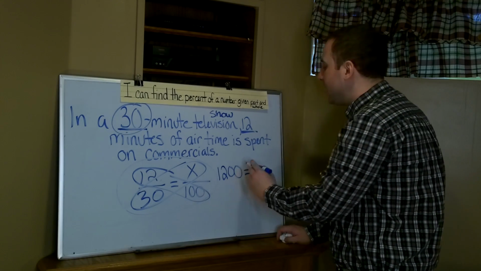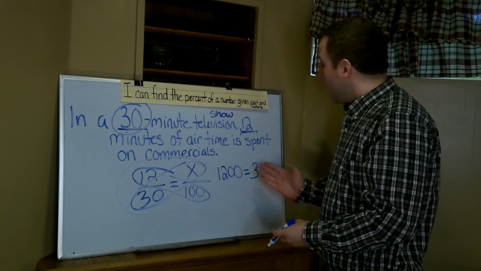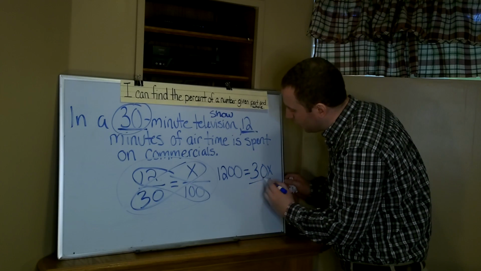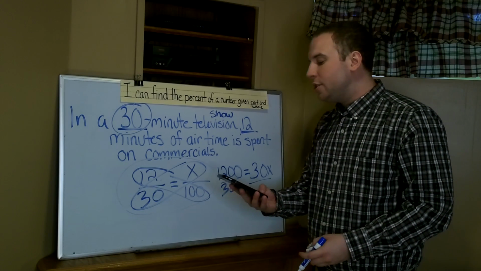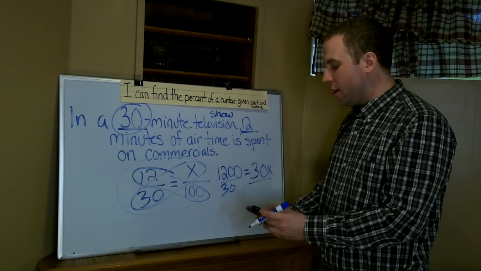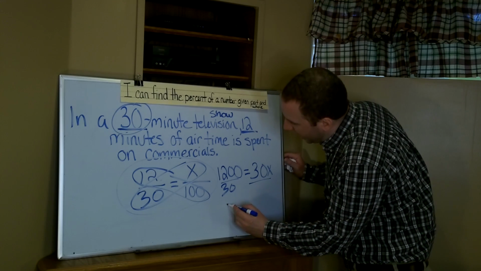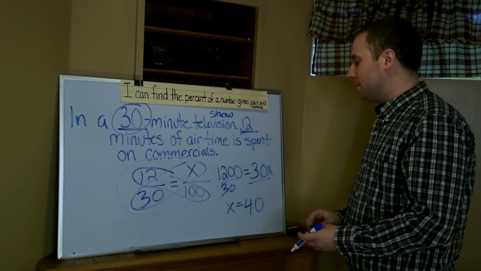And 30 times x will give me 30x. Now how do I solve this problem? Correct. I divide both sides by 30. When I do that, 1200 divided by 30, I end up with x equals 40.